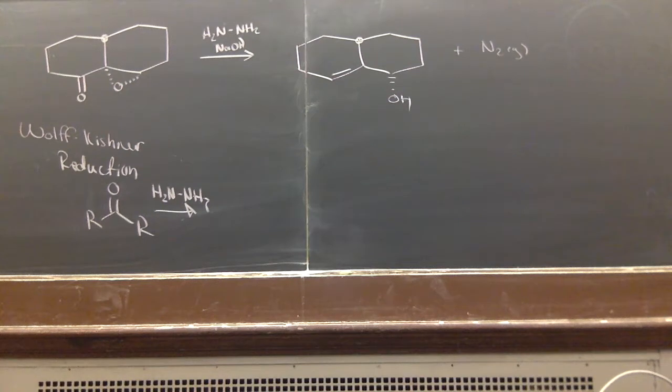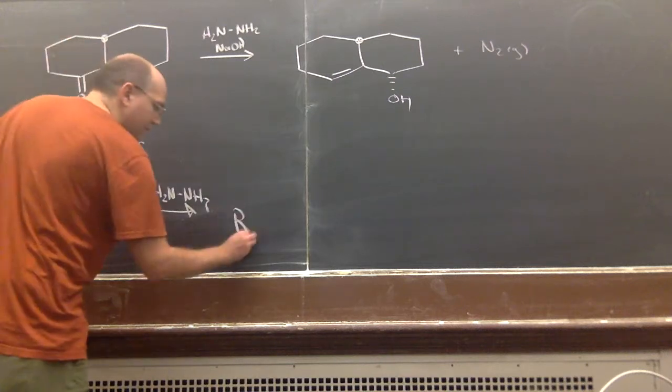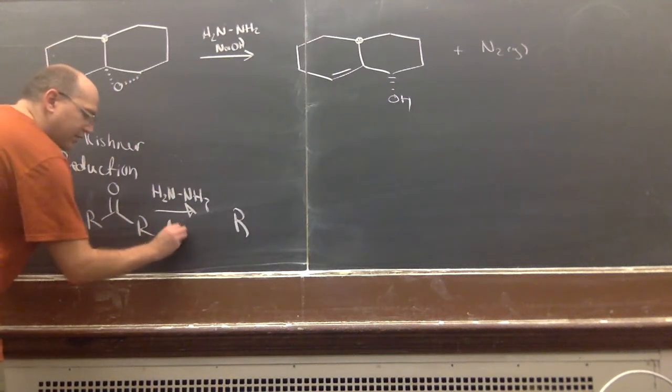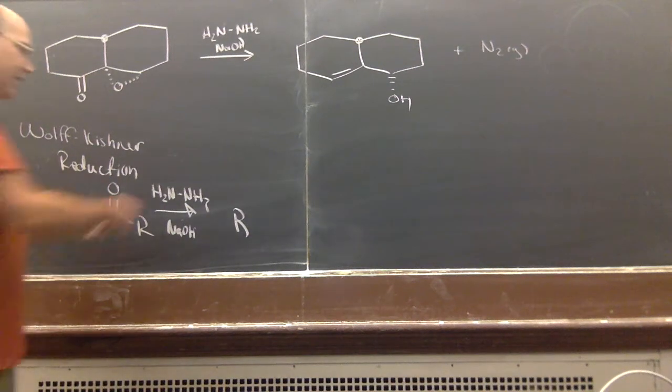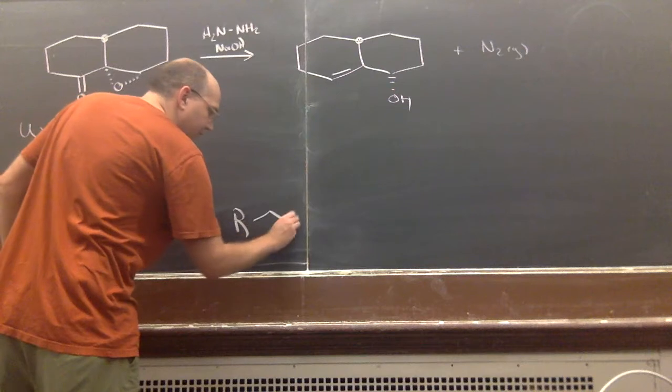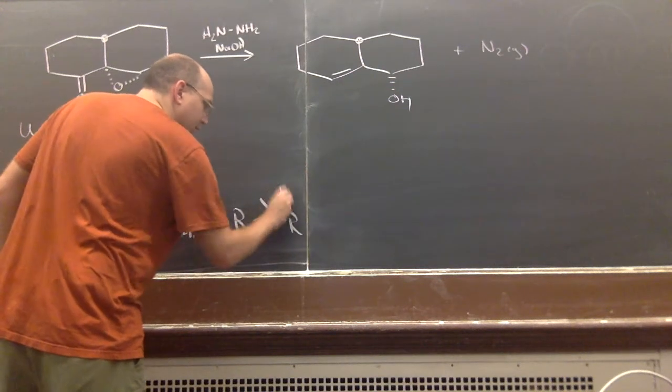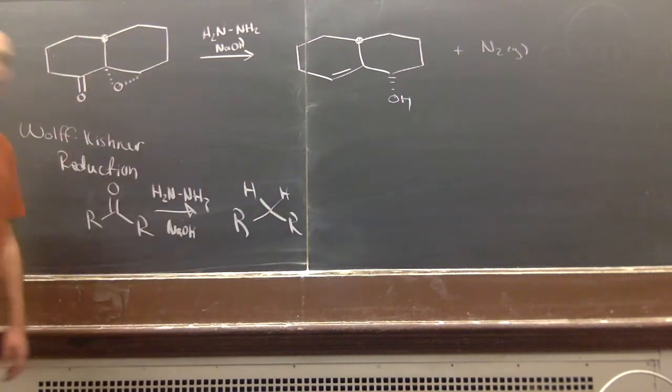What happens in this reaction? What's the product? You get an alkane, usually with acid, or usually it says sodium hydroxide. I made the comment that sometimes I like to think about the first being acid catalyzed, the second being base catalyzed. That's the Wolff-Kishner reduction. You should all know the mechanism of the Wolff-Kishner reduction. Okay?